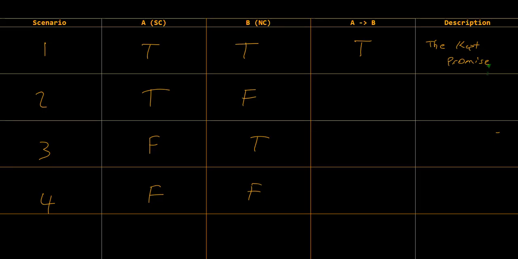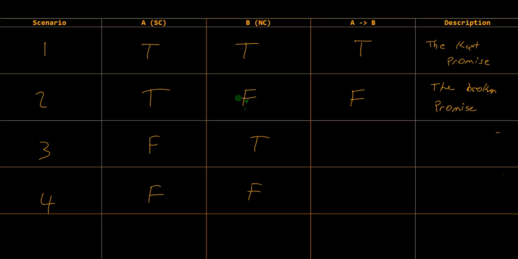In scenario 2, the sufficient condition is true, so the rule should be triggered, but the problem is that the necessary condition fails. So this evaluates to false. This is the broken promise. Now, if scenario 2 can be attained, then you have an invalid conditional statement.